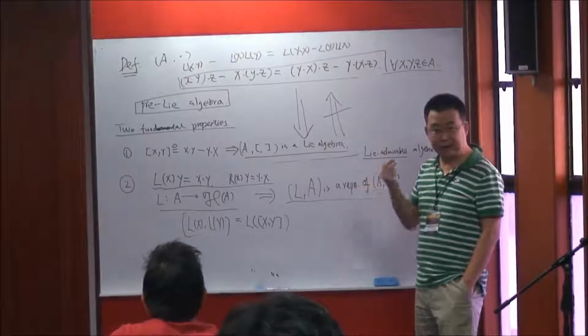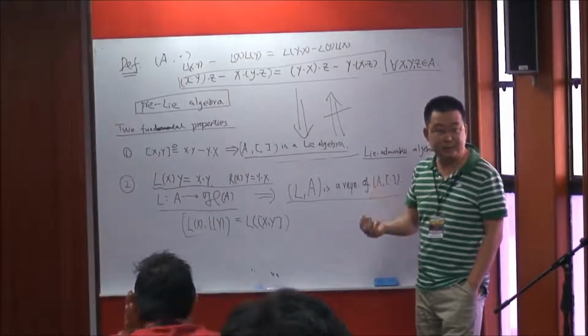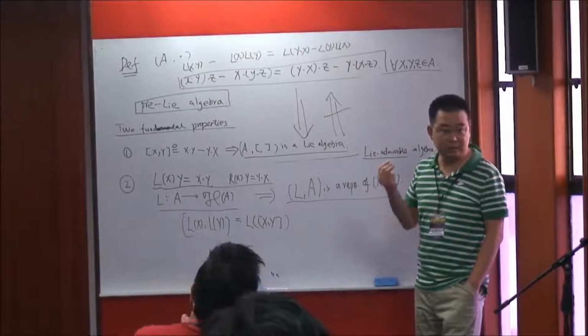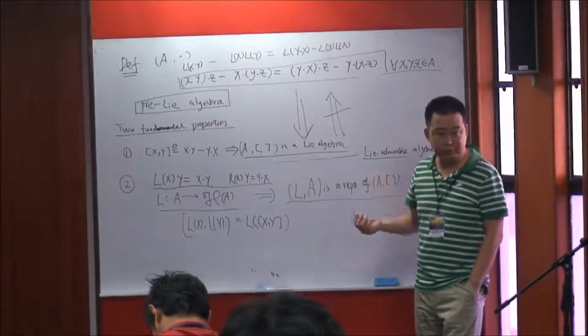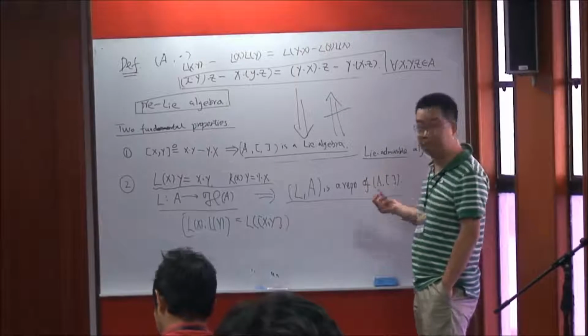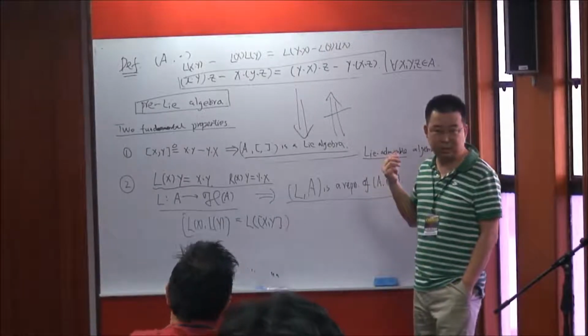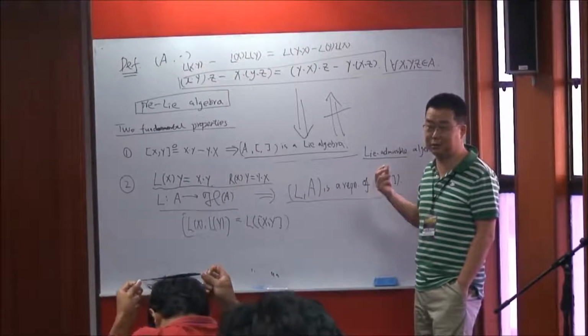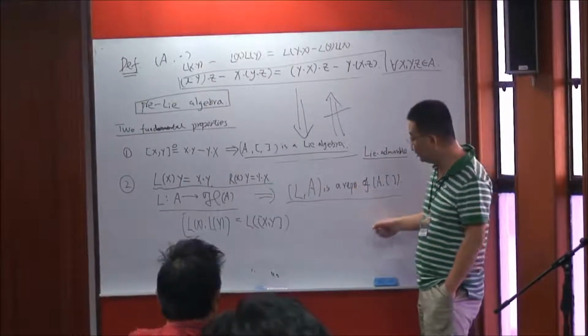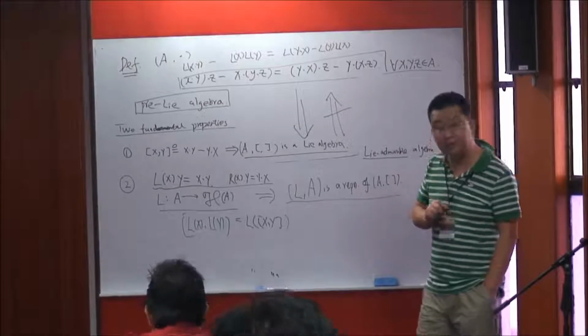Because the representation is decided by the algebra structure of the pre-Lie algebra, we have two choices, and it will be more ways to construct the representations. So this property is very important.